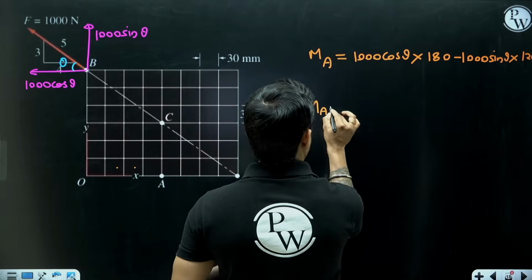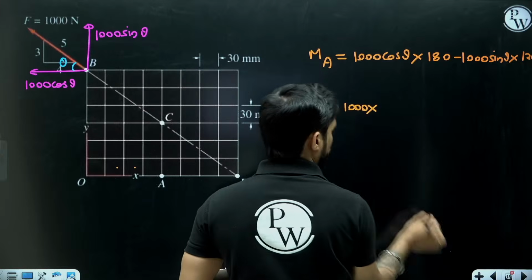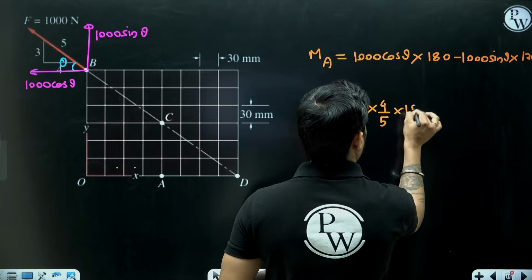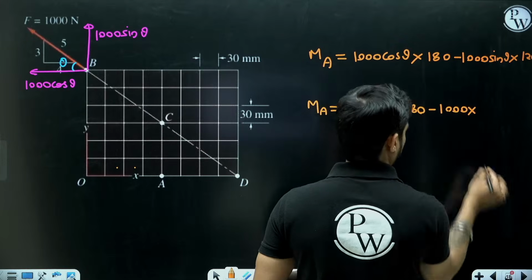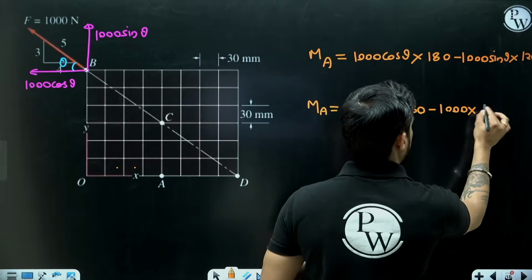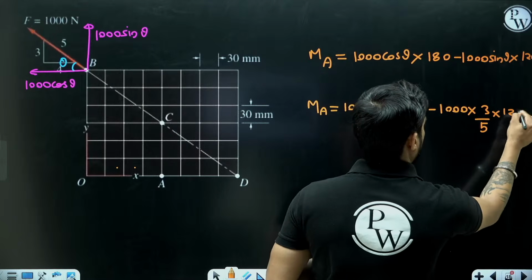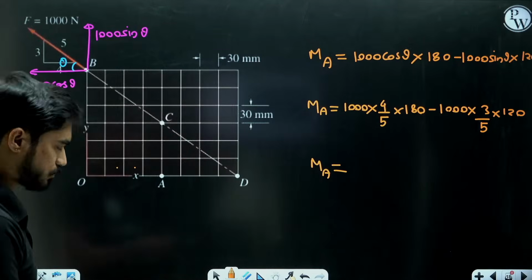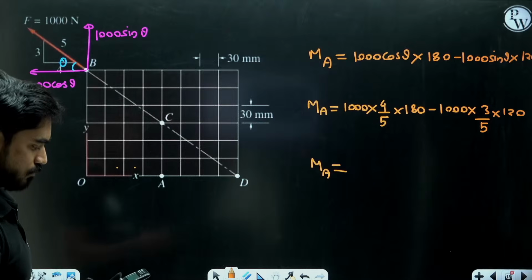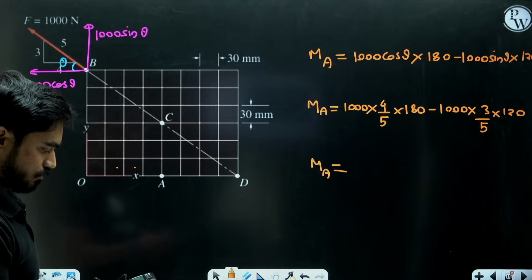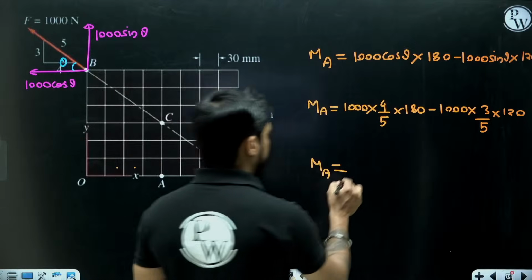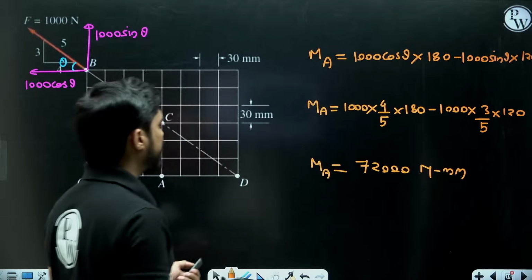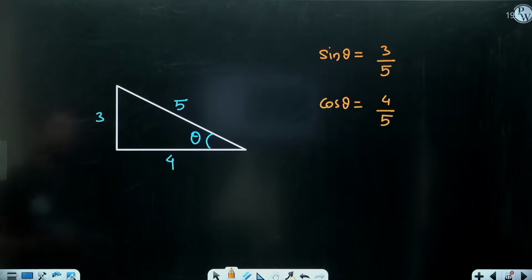So what will be the moment at point A? The value of cos theta is 4 by 5, into 180, minus the value of sin theta, 3 by 5, into 120. So the moment at point A will be, I am getting 72,000 Newton mm, but they have asked you to calculate the moment in Newton meter.